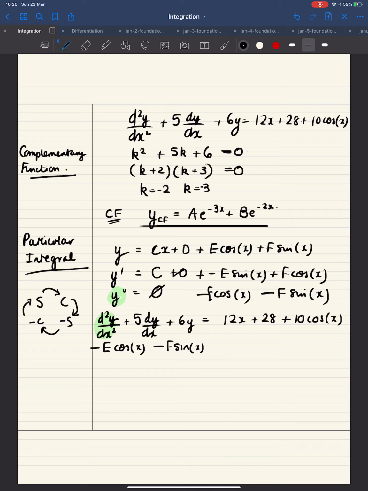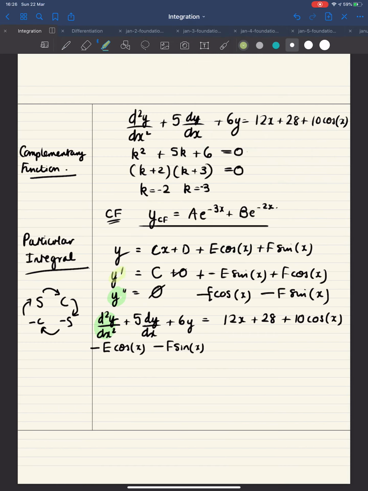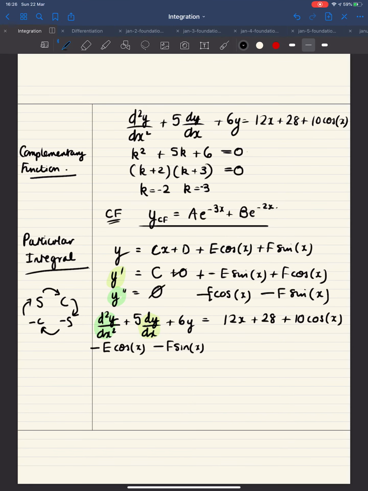So I'll give this one another colour. Let's do that one this colour. Y dash, dy by dx, is going to be there. So we need 5 of these, 5 of that one. So it's plus 5c minus 5e sine x. Look, all these have to be multiplied by 5.